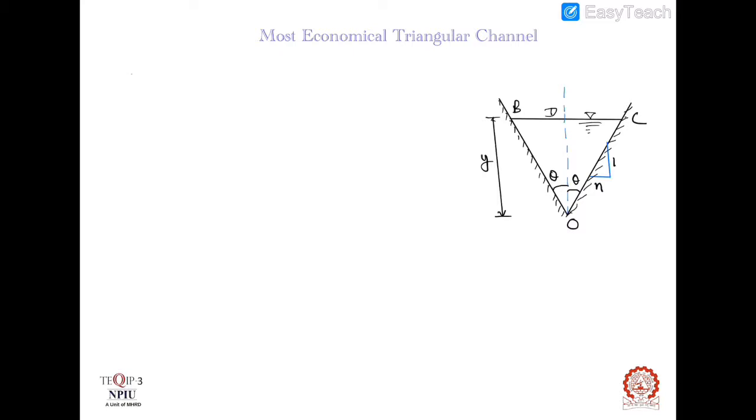Area of flow will be, what is the area of this triangle BOC? That will be half of BC multiplied by OD.